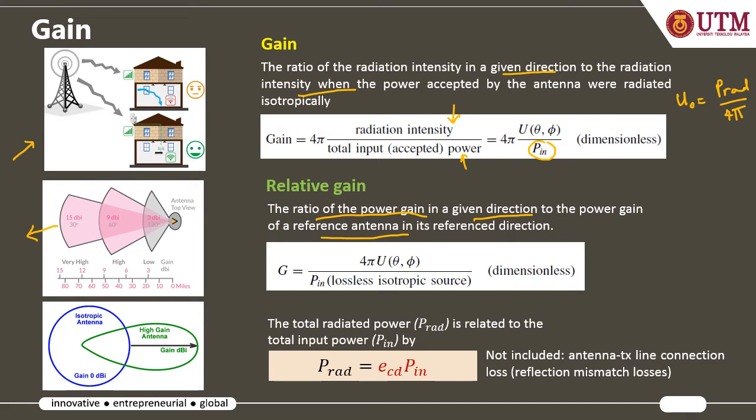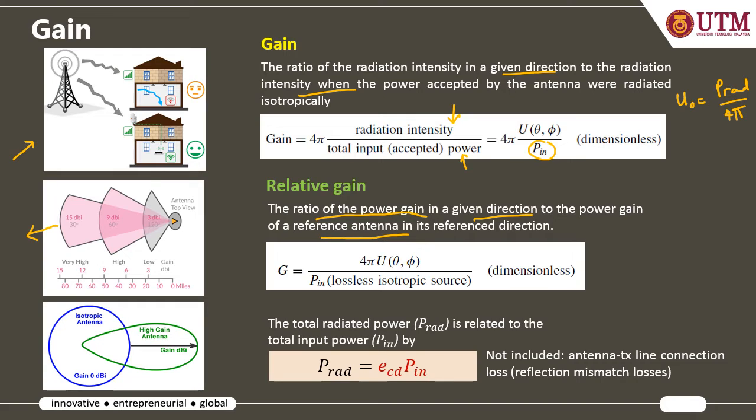Usually the dipole antenna and horn antenna are used as the reference antenna, or other types of antenna can be used as well, as long as the gain of the antenna can be calculated or is known.